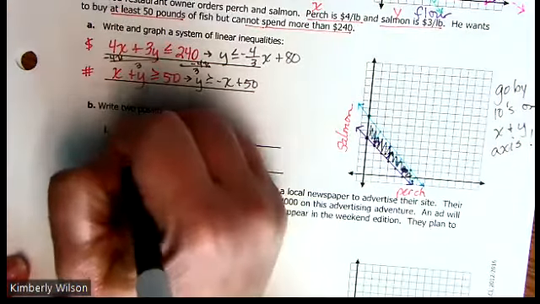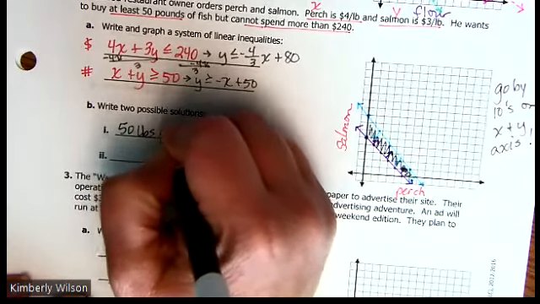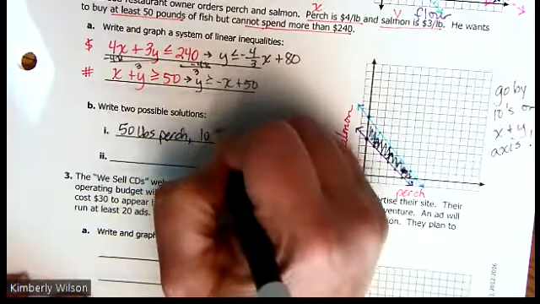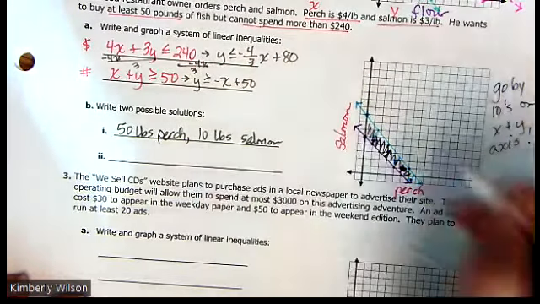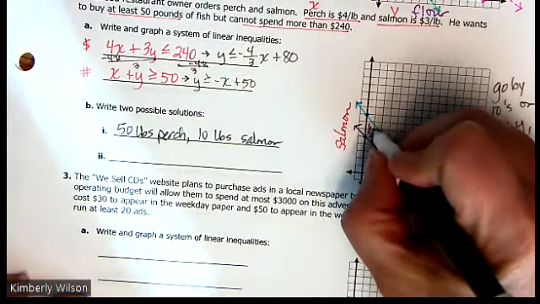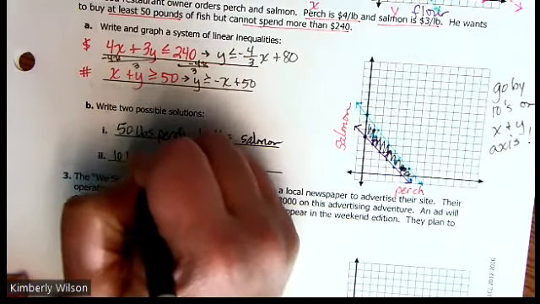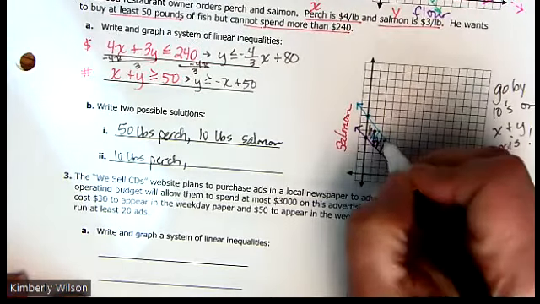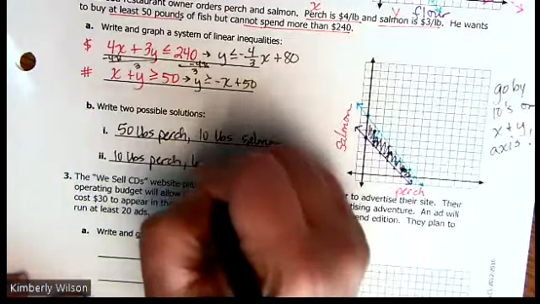So that's 50 pounds of perch and 10 pounds of salmon. I could also have this point here, which is 10 pounds of perch and 10, 20, 30, 40, 50, 60 pounds of salmon.